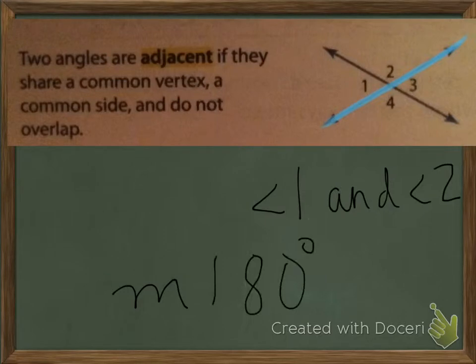So if we know the measure of angle 1, we can find the measure of angle 2, because the two together form a straight line.